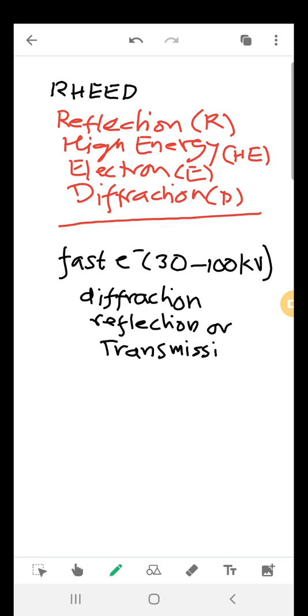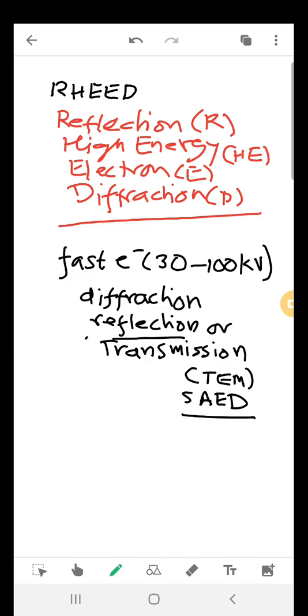In the case of transmission, it's called TEM, and we get an SAED pattern. While in case of reflection, we get a RHEED pattern.